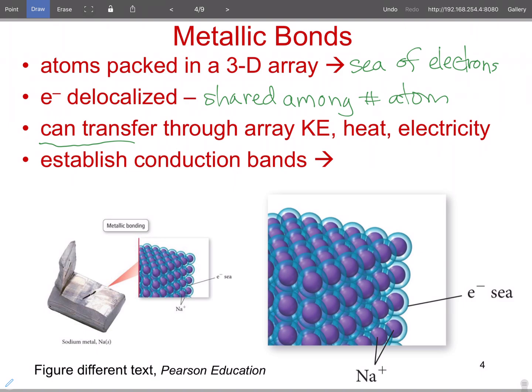They also establish conduction bands. That means that the electrons move freely through the subshells. Now, why is that important? That's important again because of the conductivity of metals, and it allows them to transfer stuff.